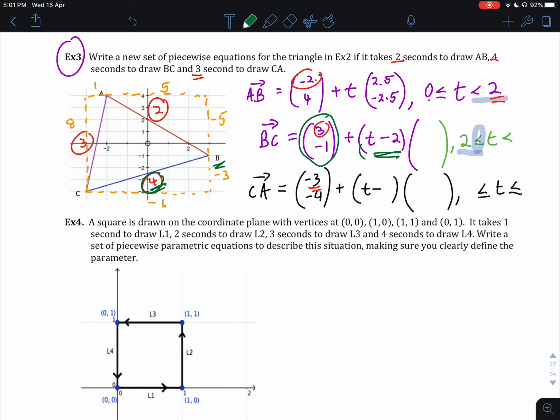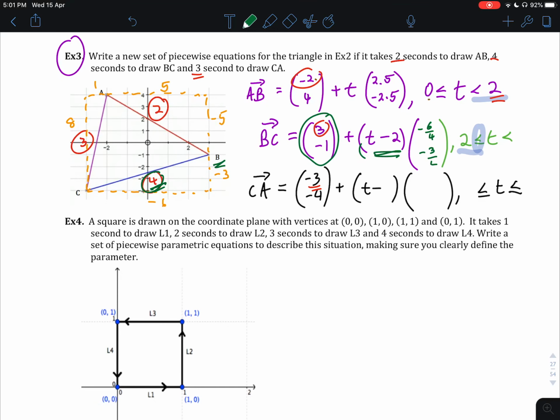And so we are now going to need to change to -6/4, which of course we could simplify. So we're doing 1.5 blocks to the left per second for side BC. And similarly, we are doing -3/4. We're doing 3/4 of a block down per second for the drawing of side BC.